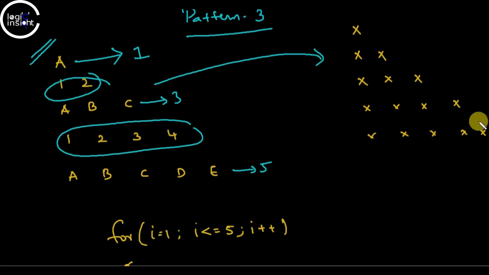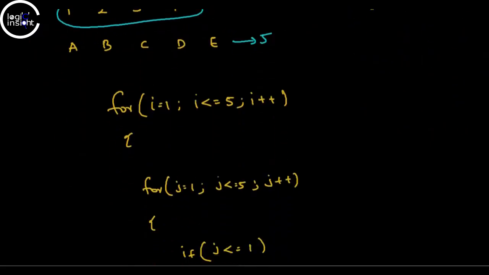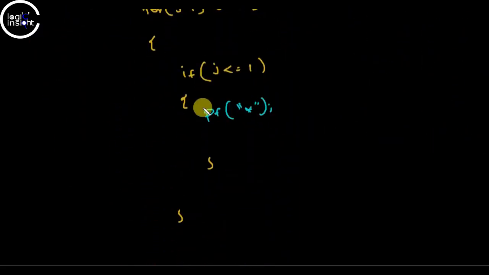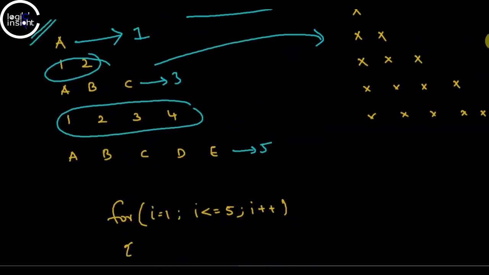So how can I do that? In this printf condition, I'll replace it. If the row is an even number, what do I have to print? I have to print the numbers: 1 2, again 1 2 3 4.